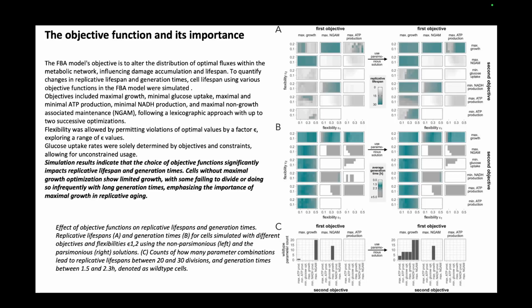This was a study that showed what a change of your objective function can do. Simulation results indicate that the choice of objective functions significantly impacts replicative lifespan and generation times. Cells without maximal growth optimization show limited growth, with some failing to divide or doing so infrequently with long generation times, emphasizing the importance of maximal growth in replicative aging.